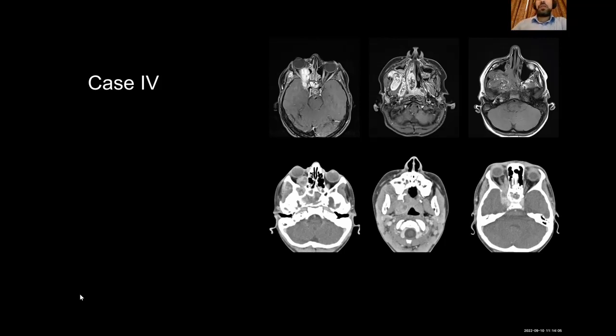No, it is a nasopharyngeal angiofibroma. It is based mainly on the sphenopalatine foramen. It is hyperdense on CT, enhances, and has multiple signal voids because of the vessels. These are the signal voids, and the intense enhancement is typical for angiofibroma.